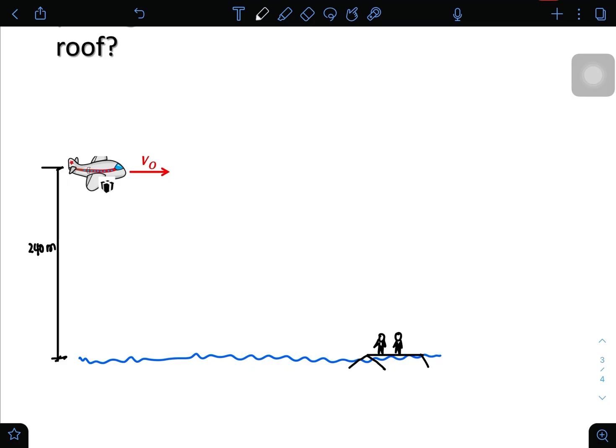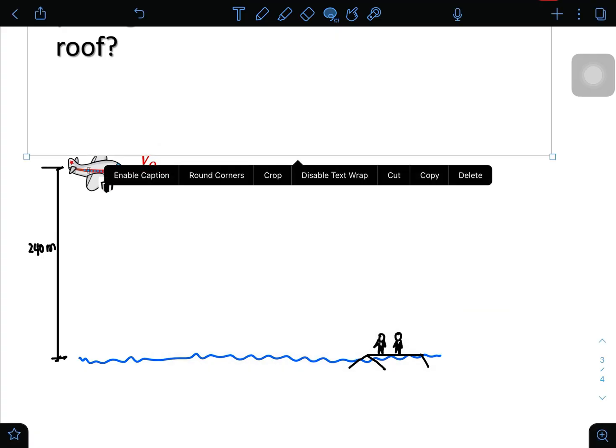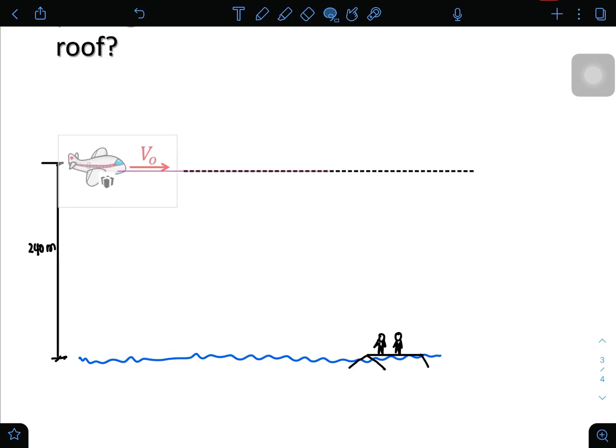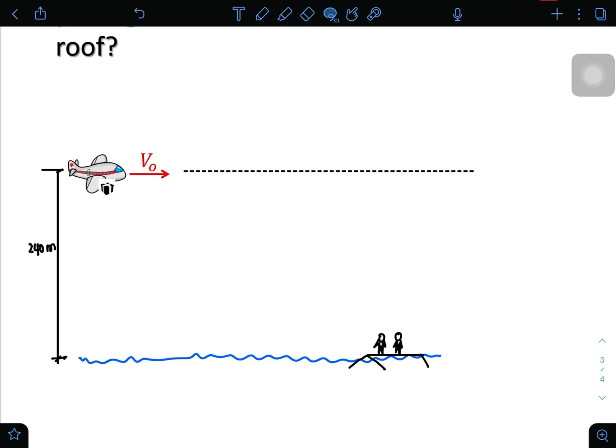So as this plane is traversing horizontally at a constant altitude, say for example, this is the constant altitude. As it is traveling in that portion, it travels with a constant speed. So therefore, the package will eventually be dropped at a certain distance. Something like that.